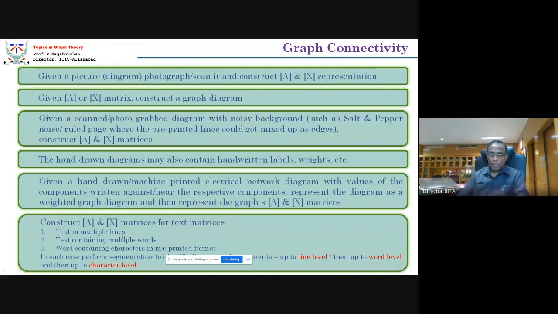Now, once I mentioned multiple lines, I got to slightly deviate and ask you: what is the difference between segmenting a paragraph into sentences and segmenting a paragraph into multiple lines? You should think of that. A line may have more than one sentence, or a paragraph of 15 lines may have only 5 or 6 sentences.